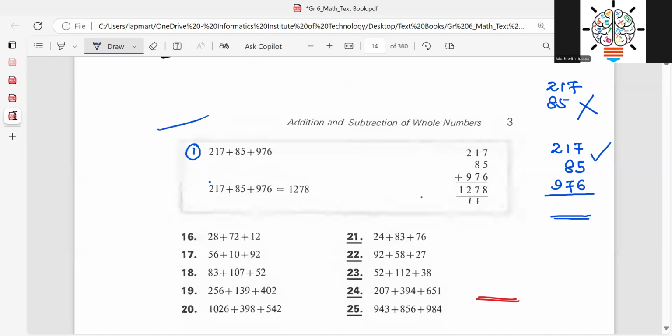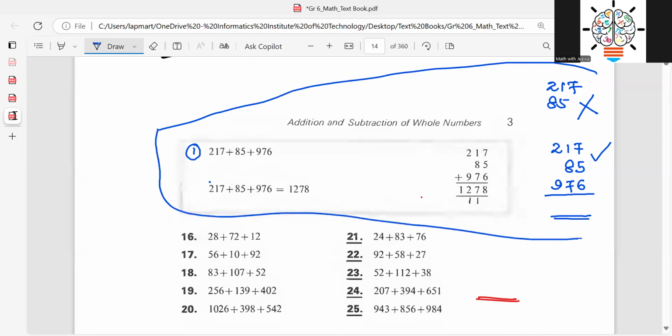You can copy down this whole thing which you can see marked in blue color, the example that I have written in blue color, and you can put a cross and show that if you write the values like that, it is wrong. But when you write them at the correct place value, your question is correct, and only then you get the correct answer.